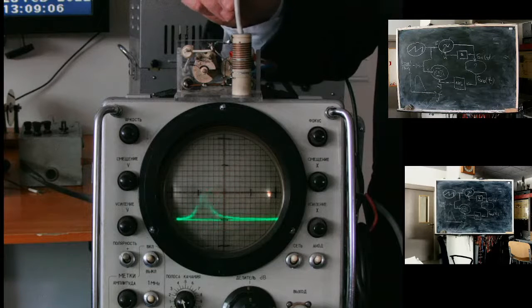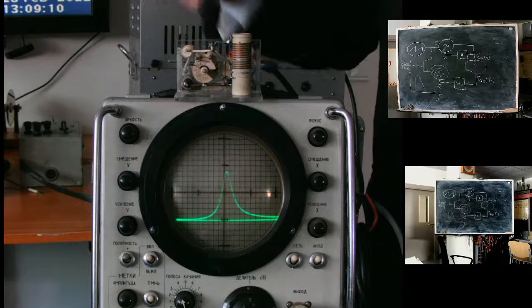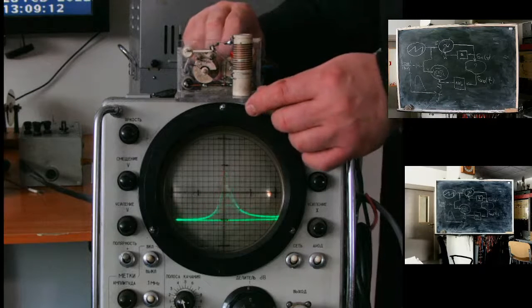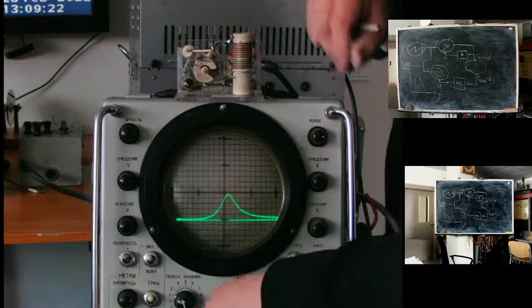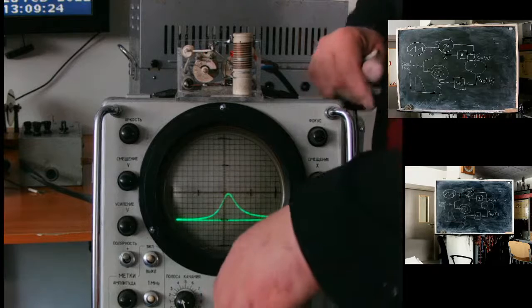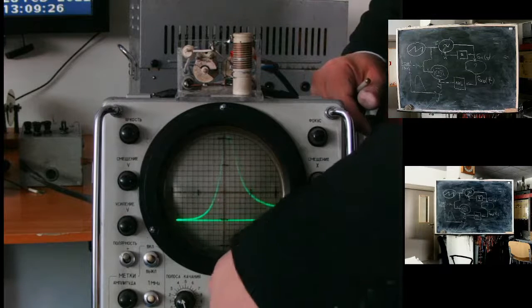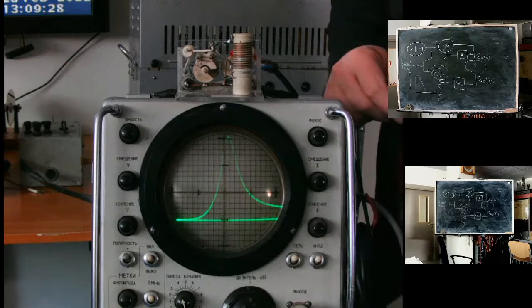Losses are like increasing R2. Take a look, I'm increasing R2. See, the characteristic goes down. I amplified it to the same level. Now it's wider.